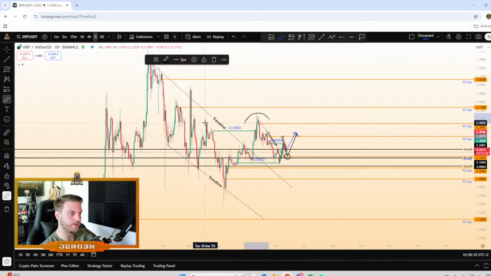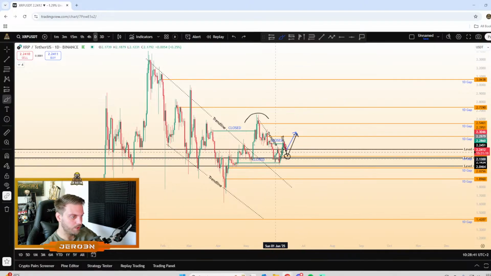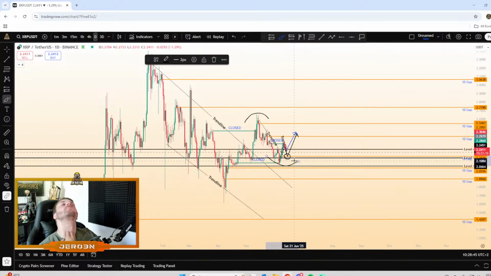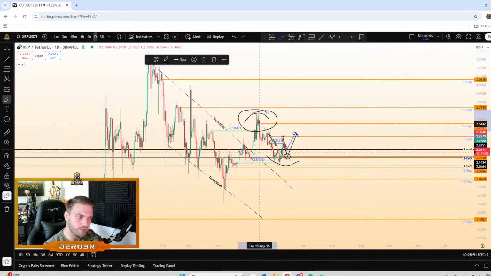Okay, so we created a higher high above this and even above this, which we didn't have on Bitcoin, but I just mentioned. Now that we created this bottom here, we created our higher low. So we have the indication, hey, we created that new higher high, and we have the confirmation, we got that new higher low as well.